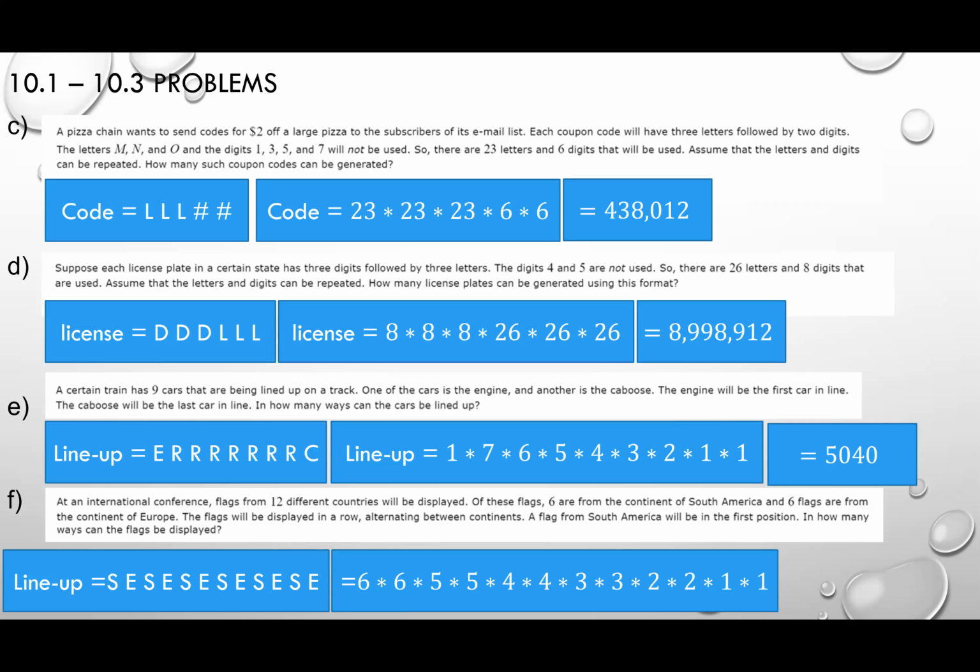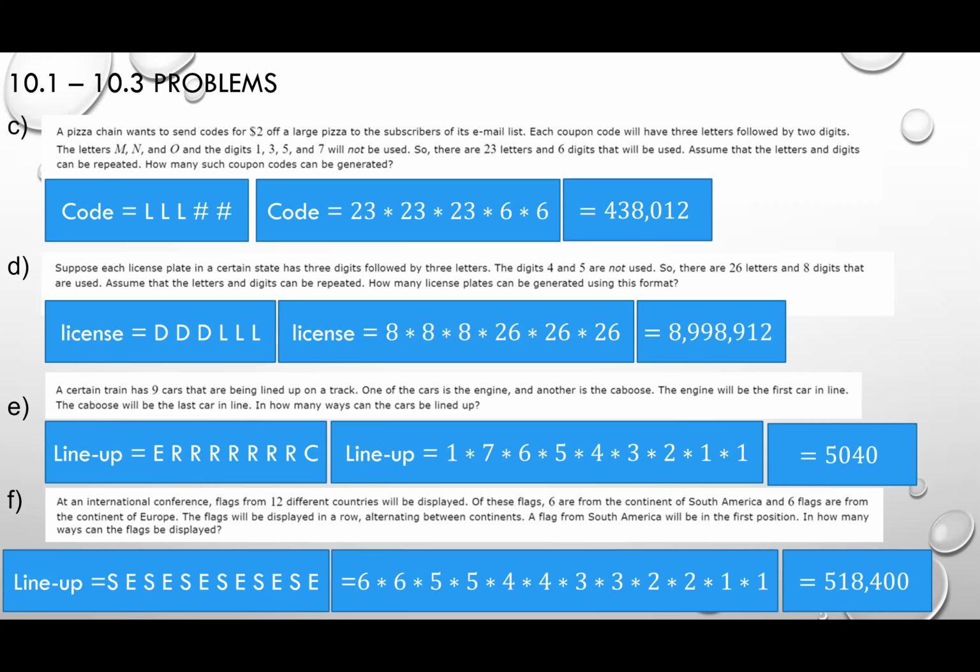C and D tell us that we can repeat it, meaning we can reuse it. Here, they don't say that we can repeat it, but because we need to put them in some lineup, and because we arrange something, we cannot reuse the item.